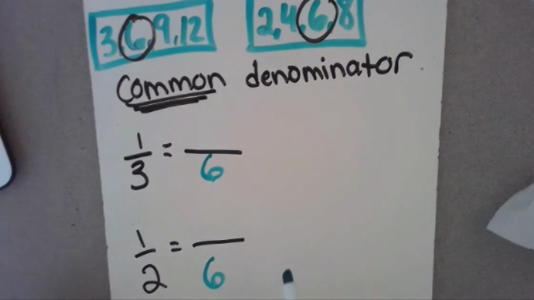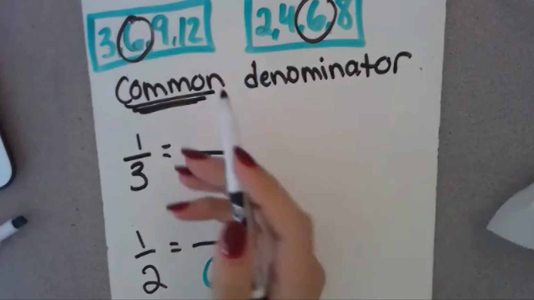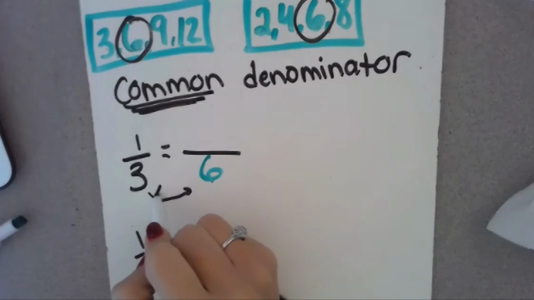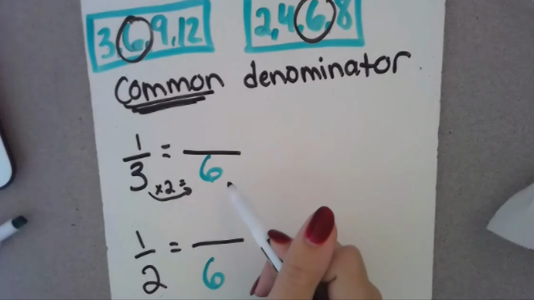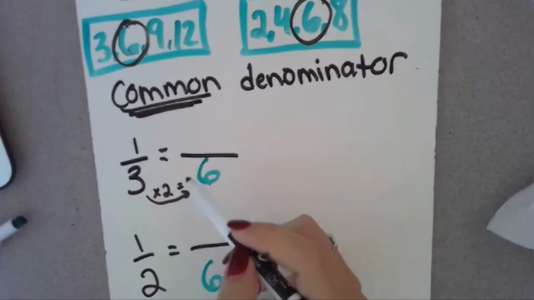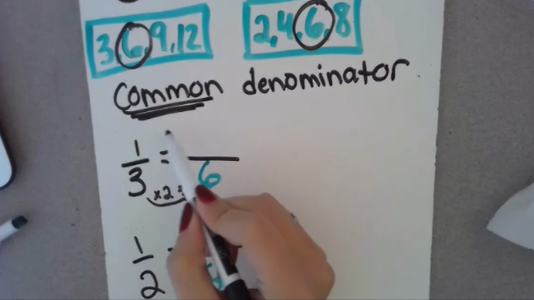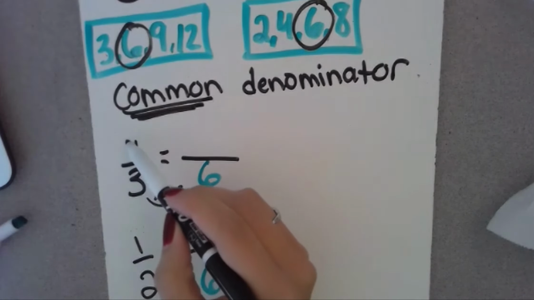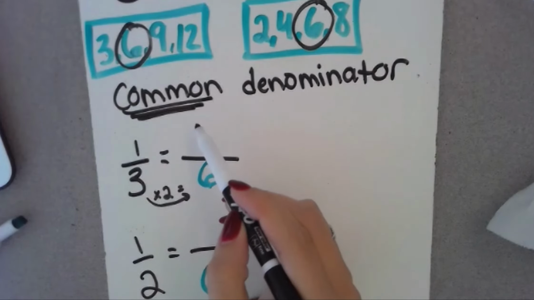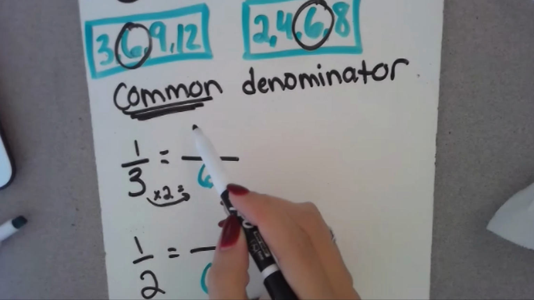So 3 times what equals 6? Let's check. 3 times 1, 3 times 2. So I'm going to do 3 times 2 equals 6. Well, what I do to the bottom, I have to do to the, what do you think? What I do to the bottom, I must do to the, write it in the chat. Good job, Annalise.